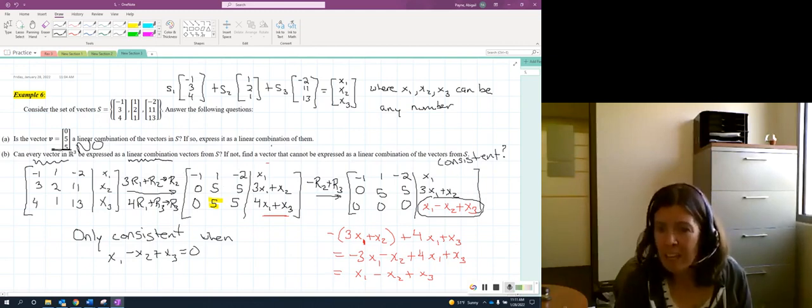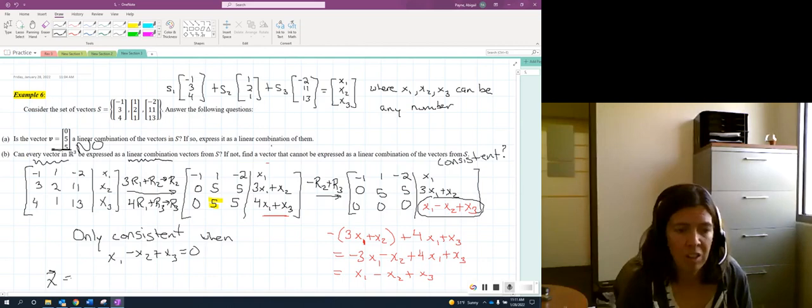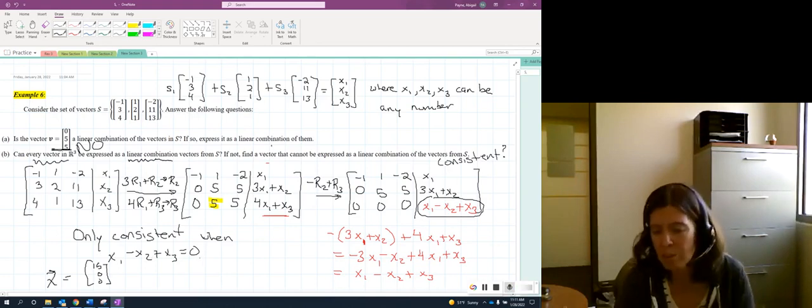Find a vector that cannot be expressed as a linear combination of the vectors in S. Well, okay, let's let this vector x be 15, 0, 0. x1 is 15, x2 is 0, x3 is 0. Then certainly this equation is going to say 15 equals 0.